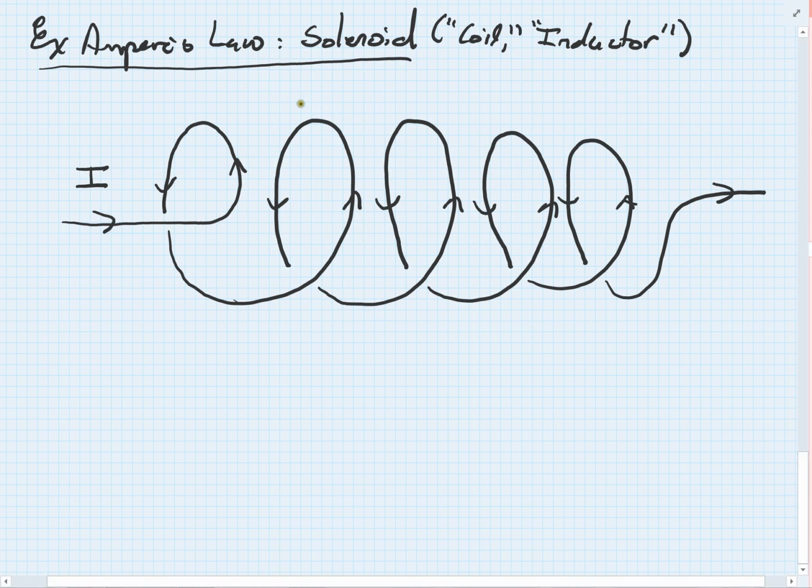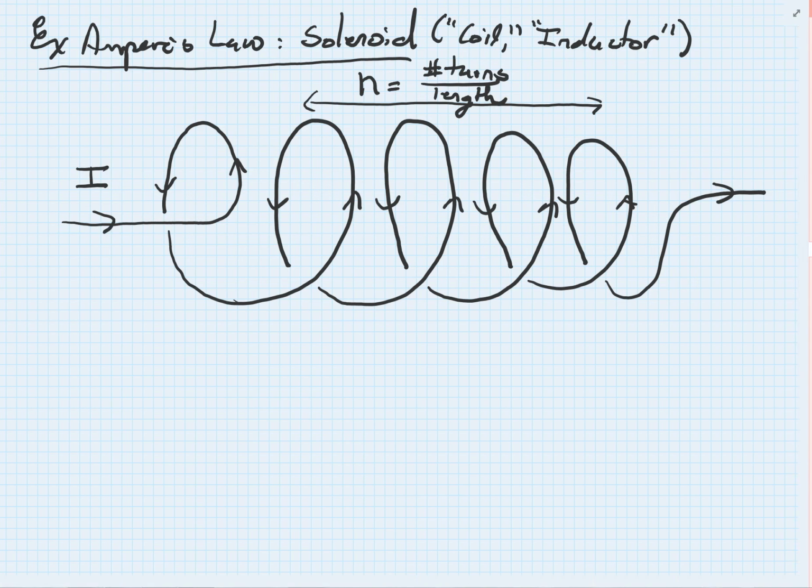In that case, we look at the number of turns per unit length, and we call that lowercase n again. Lowercase n equals number of turns per unit length, like so. Very good. So let's now apply our three-step procedure for determining the magnetic field in this particular case.